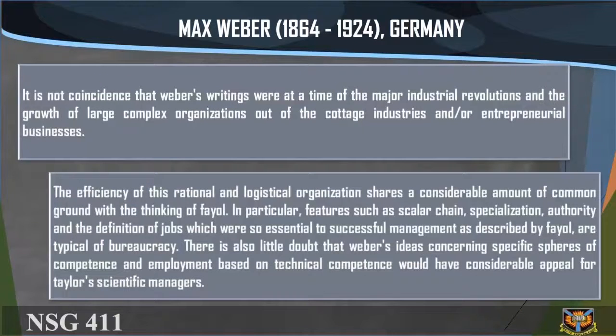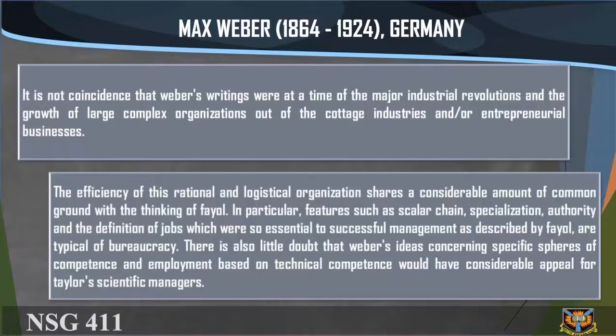It is not coincidence that Weber's writings were at a time of the major industrial revolutions and the growth of large complex organizations out of the cottage industries and/or entrepreneurial businesses. The efficiency of this rational and logistical organization shares a considerable amount of common ground with the thinking of Fayol.